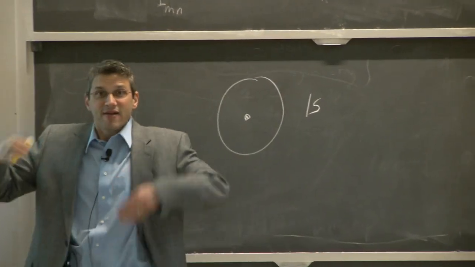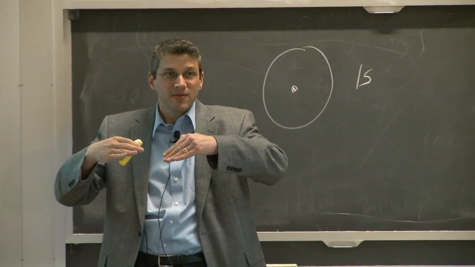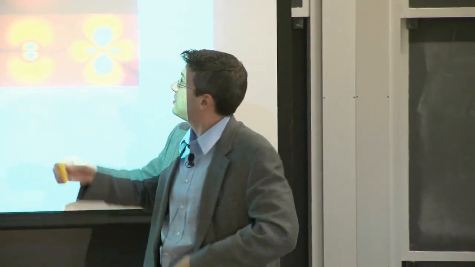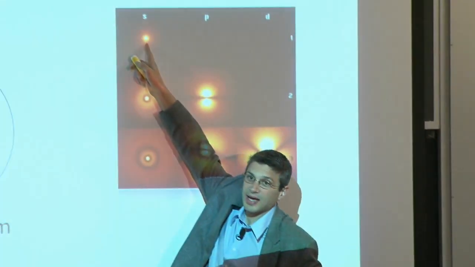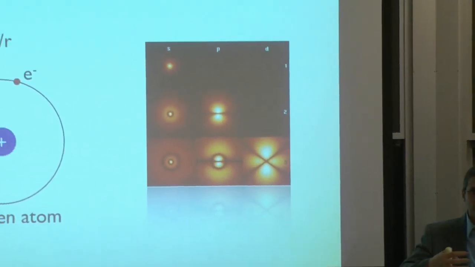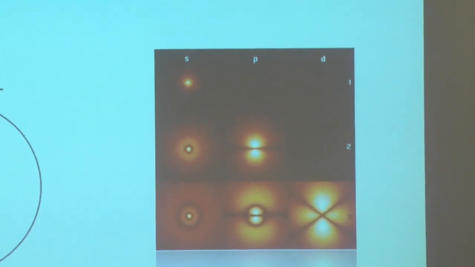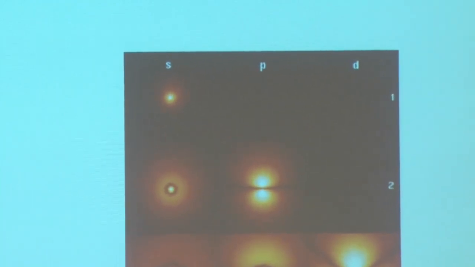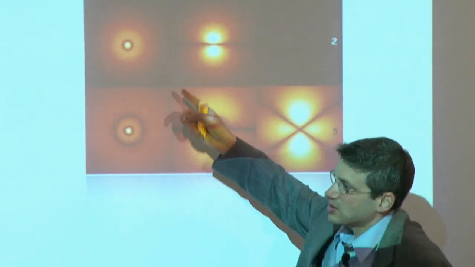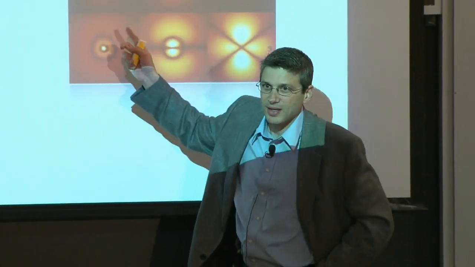The psi for that first allowed energy level has a shape to it, and it's spherical. It looks like that. And therefore, that is the probability distribution of the electron. That's where it can be in space. If I measure where that electron is, where is it going to be?